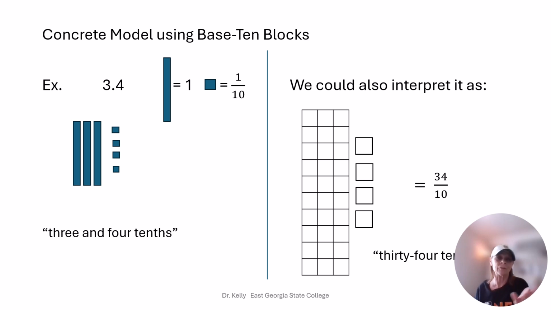Now you can set it for whatever you want it to be within reason, because we only have so many different blocks. Okay, so here is 3.4, and I have stated what our legend is basically.